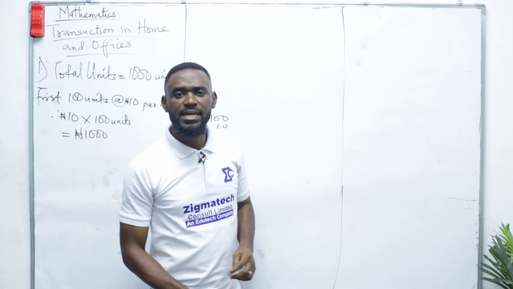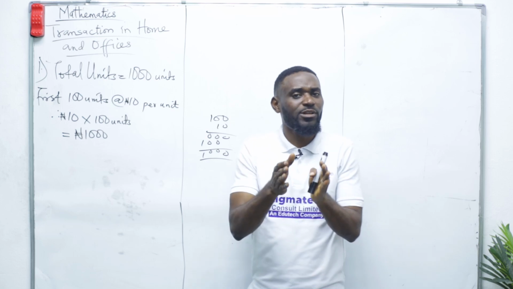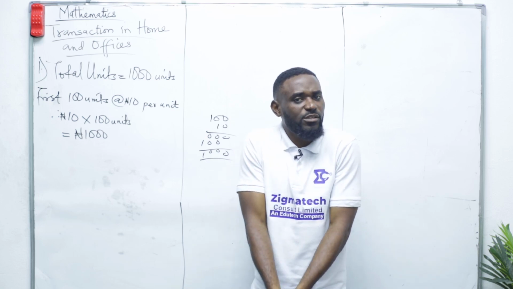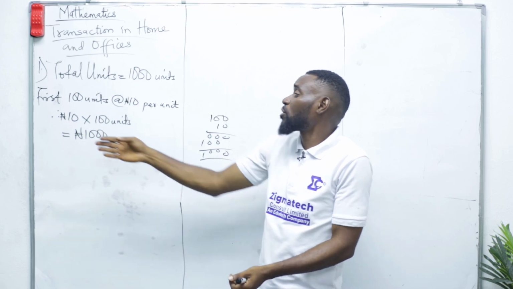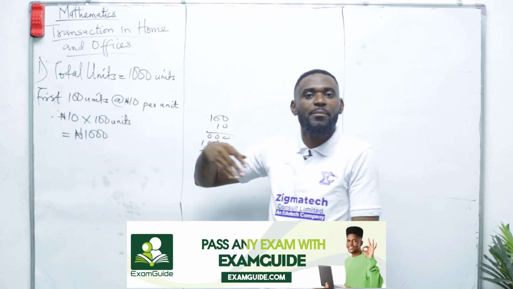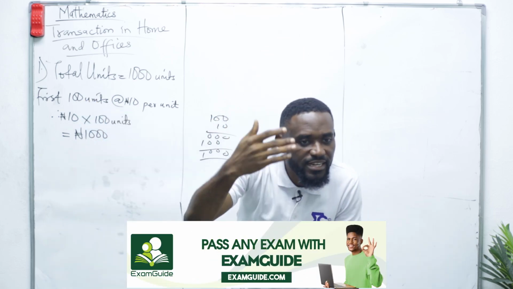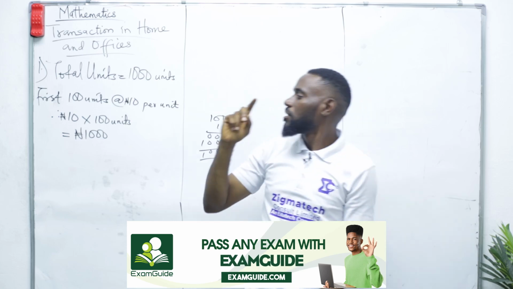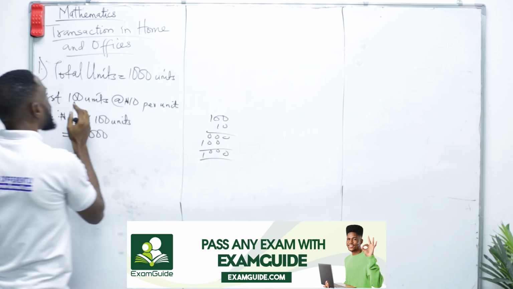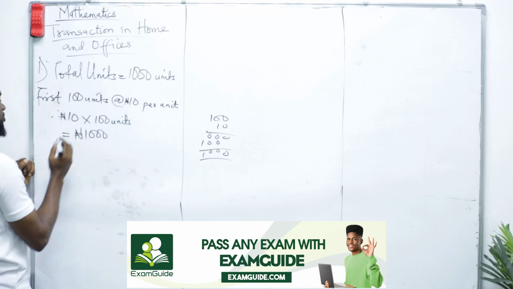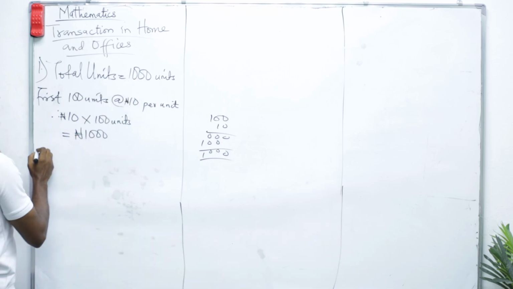Now remember, they said once they buy 1,000 units, after the first 100 units, they now begin to charge 5 naira per unit. Now, we have removed 100 units from 1,000. What is the remaining unit?